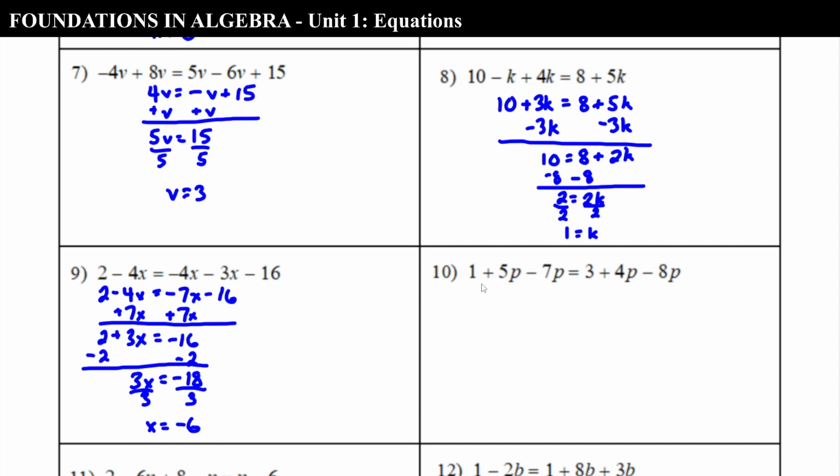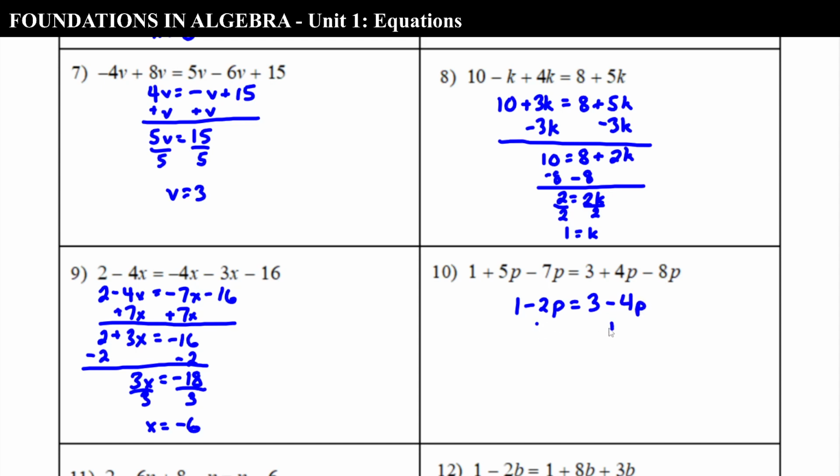For number 10, we've got two p terms. So negative 7p plus 5p is going to give us negative 2p. And then we have two p terms on the other side. So we have negative 8p and a 4p, so that's going to give us negative 4p.